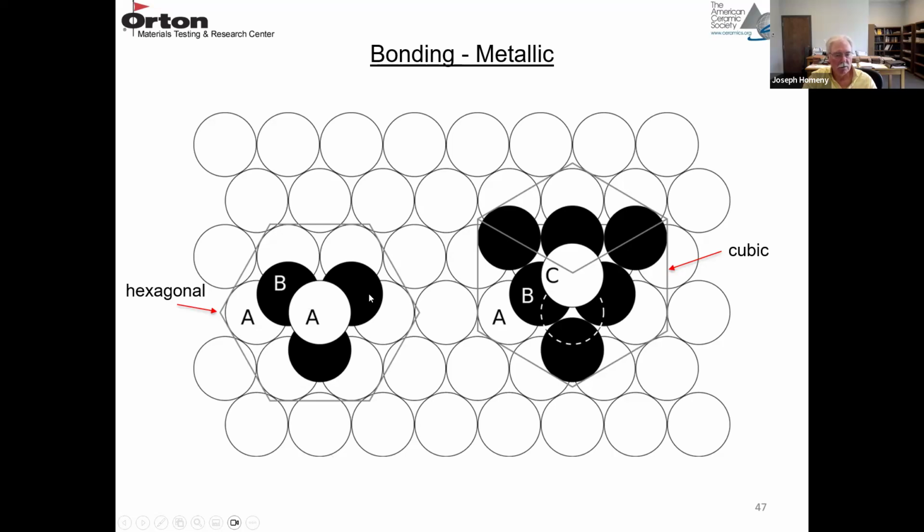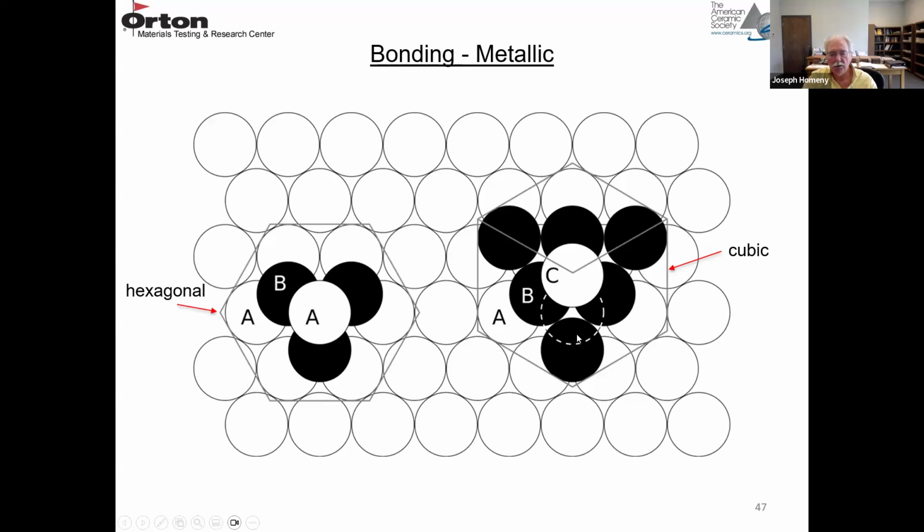These are the dark circles. So you can see this B layer fits into these interstitial openings on this A layer. And then for forming a hexagonal unit, the next layer, or the third layer, is again an A layer. So that layer, the third layer, is fitting exactly over the first layer. So the stacking is A, B, A, B, and so on.